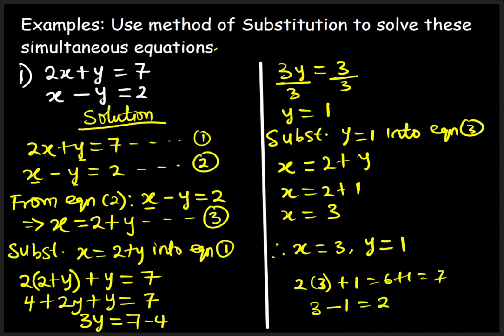So you've seen that these values that we got are the solution of the simultaneous equations. All right, so I think I can clean the check. You can always do a check to see if the solutions you get are the correct solutions.